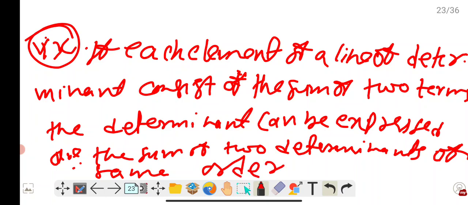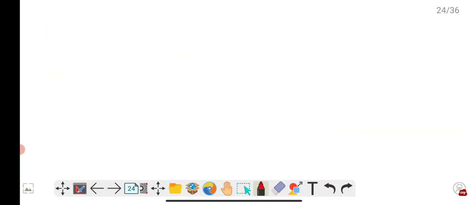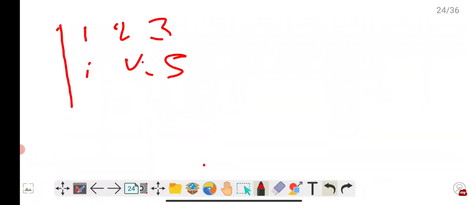Let's take an example. 1, 2, 3, 1, 4, 5, 6 plus x, 7 plus y, 8 plus z.